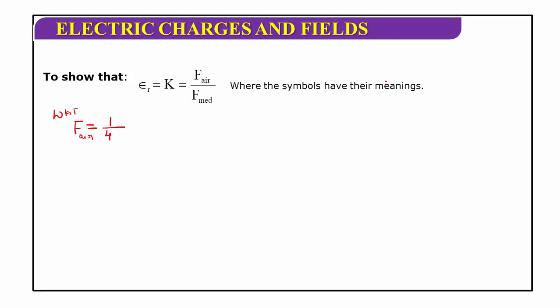Now I consider Q1 and Q2 separated by a small distance r in air. The electric force between the two charges Q1 and Q2 separated by distance r in air or vacuum is given by F air equal to 1 divided by 4 pi epsilon naught, Q1 into Q2 divided by r square, which is the expression for the electric force between the two charges in air or vacuum.